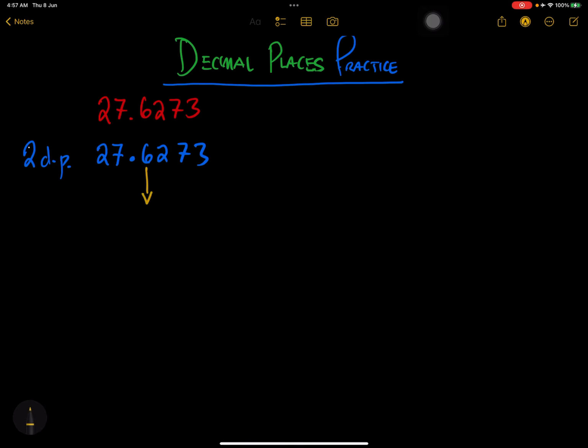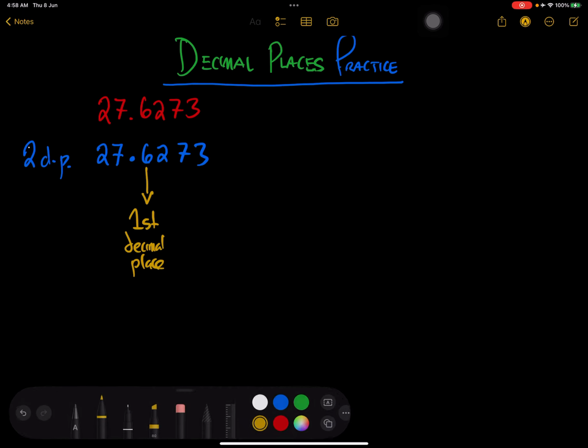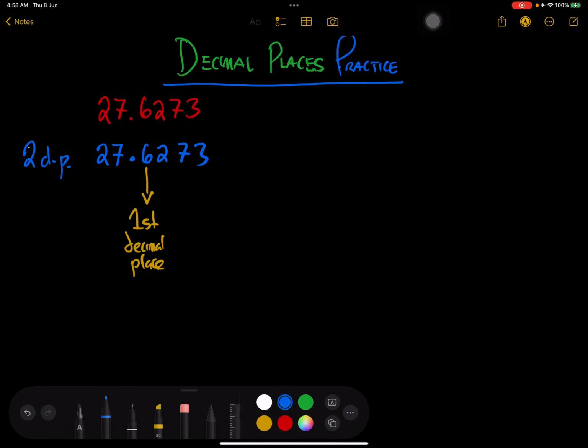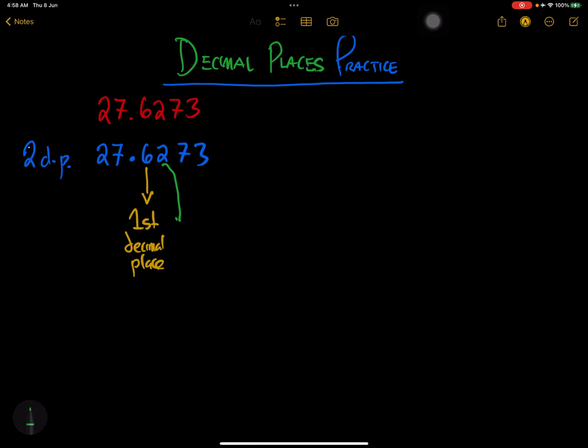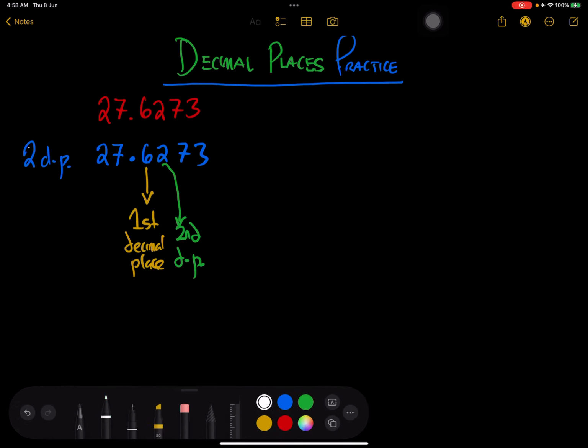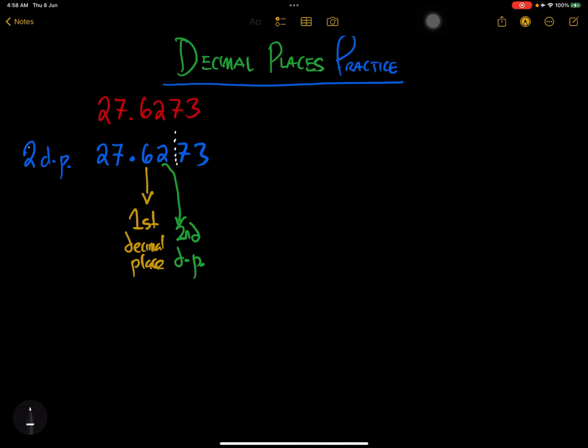And if you remember, we said that this is the first decimal place, right? Why do we say that? Because that's the number that comes right after the decimal point. And we can also tell that this is the second decimal place. Because we are looking for the second decimal place, we need to drop a dotted line to separate that.